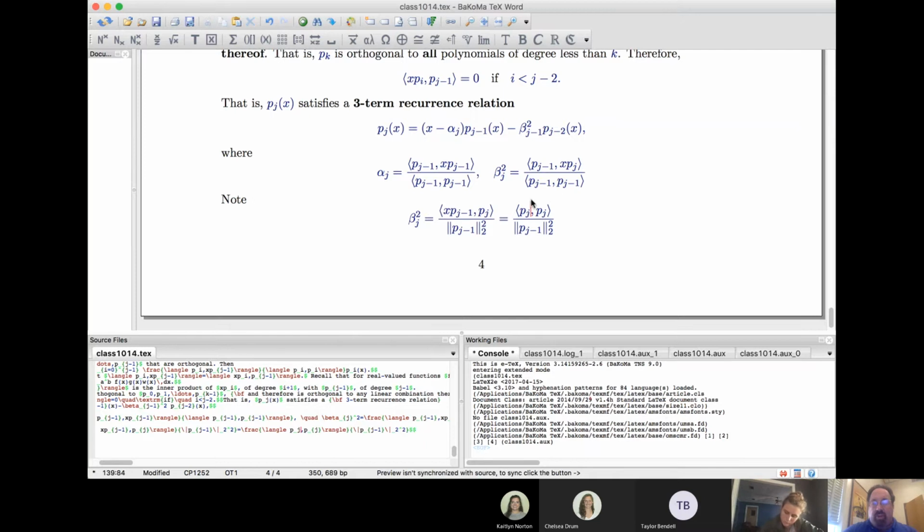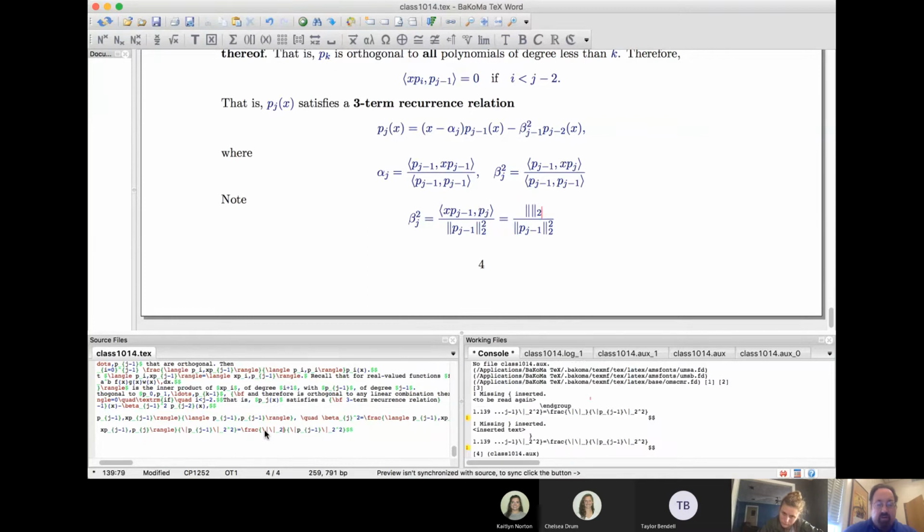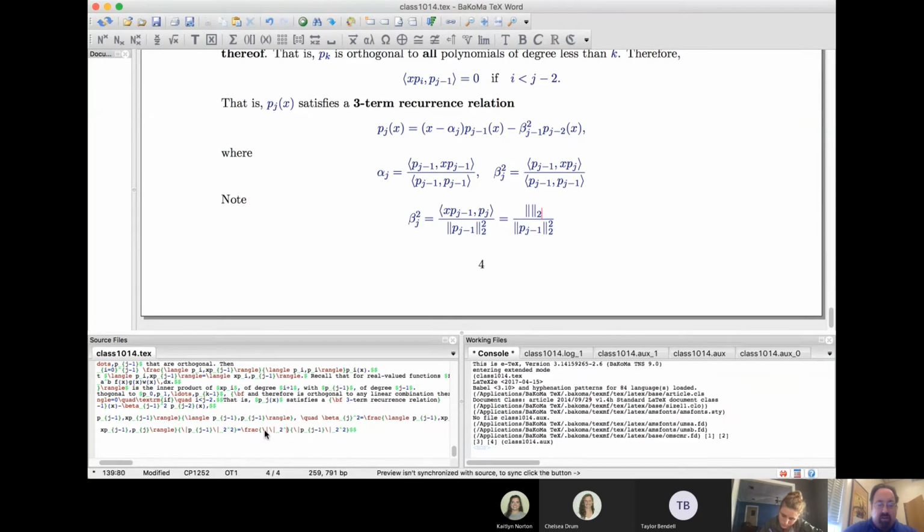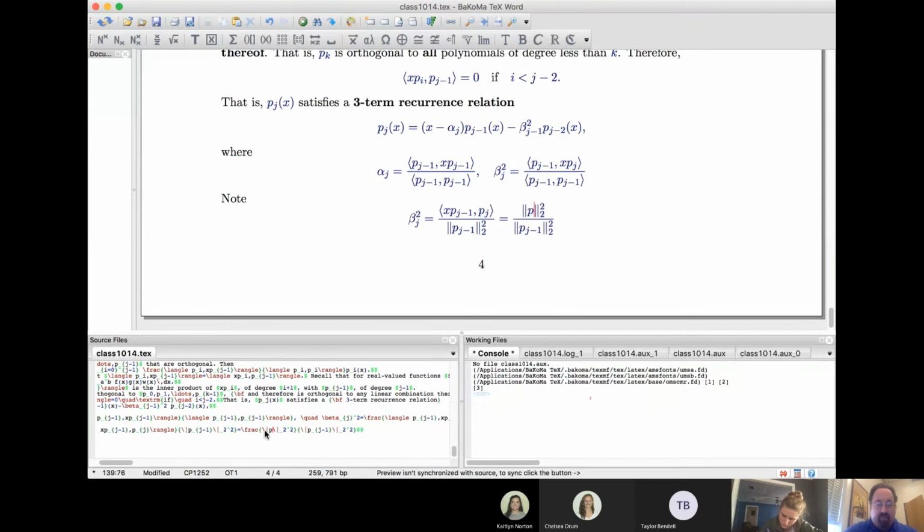That's the inner product of p_j with itself, which can be expressed as the norm of p_j squared.